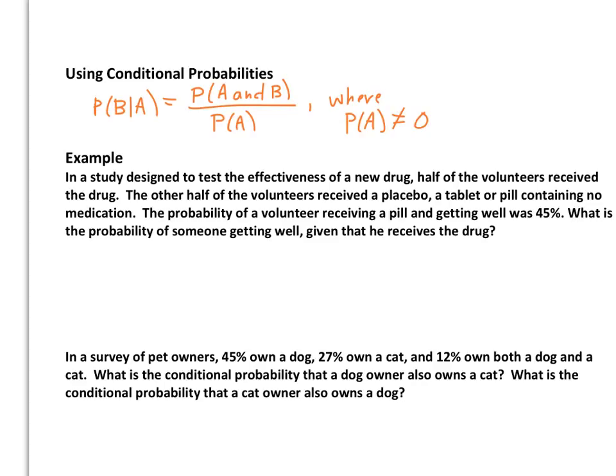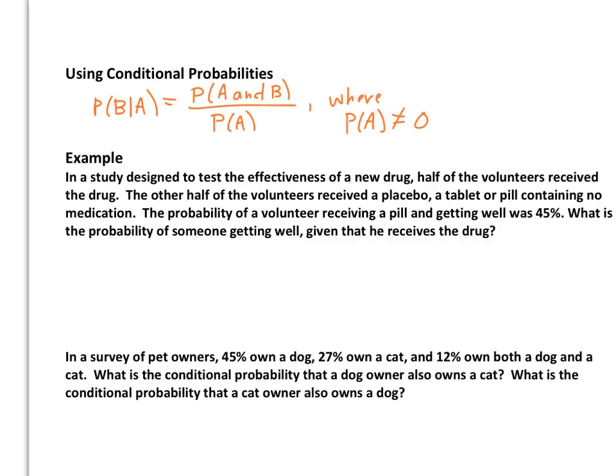So again, the probability of B happening, given that event A has already happened, is equal to the probability of event A and B happening divided by the probability of A. So you're always dividing by whatever your given probability is there. In this case, event A.